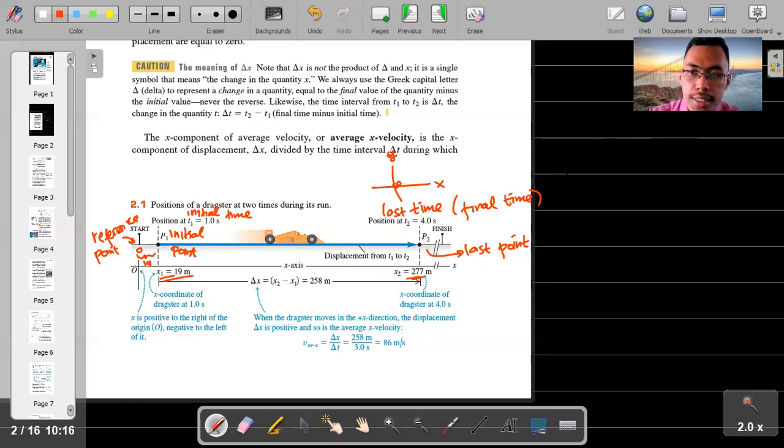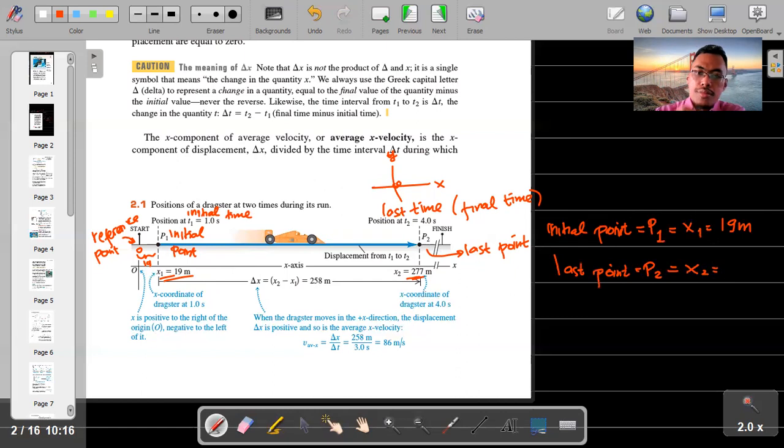The first one is the initial point, which is P1, also known as x1 in this case, and it is 19 meters. Then the last point, which is P2, or x2, is 277 meters.